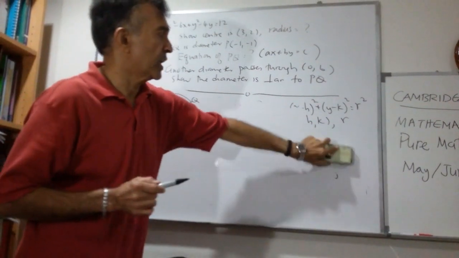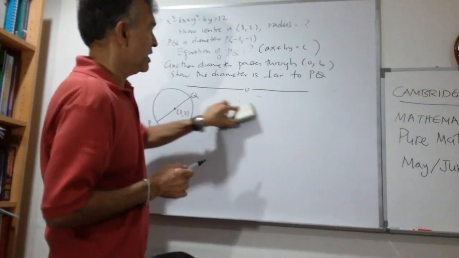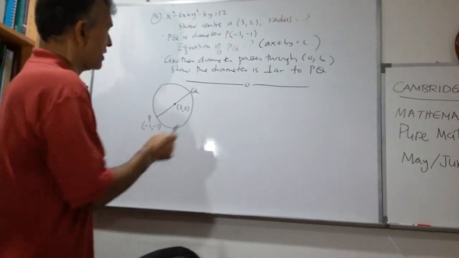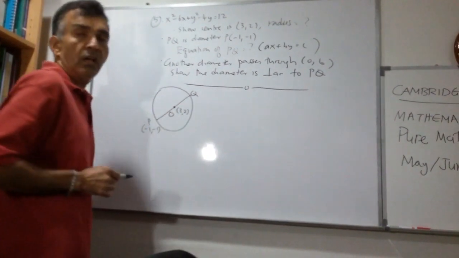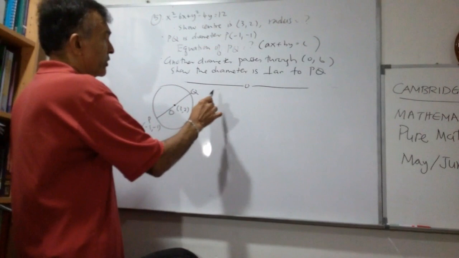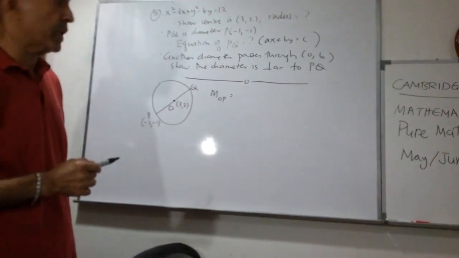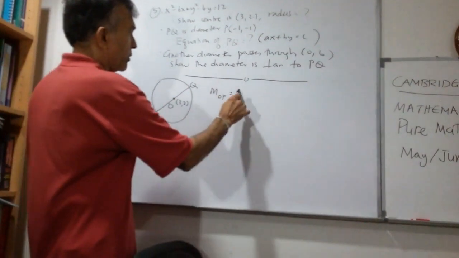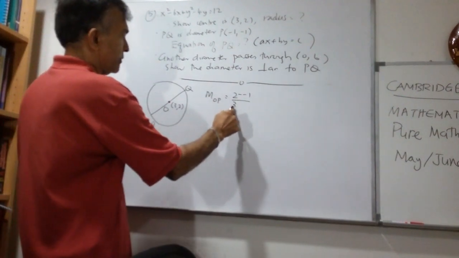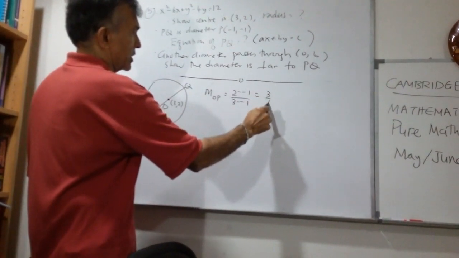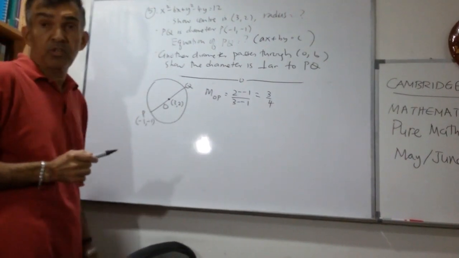To write the equation of a line, we need the gradient and a point that lies on it. So let's write the gradient. Let me call the center O. I need the gradient of OP: y2 minus y1 over x2 minus x1, I have 3 over 4. 2 minus minus 1 is 3, 3 minus minus 1 is 4.